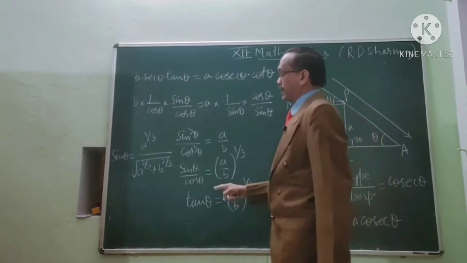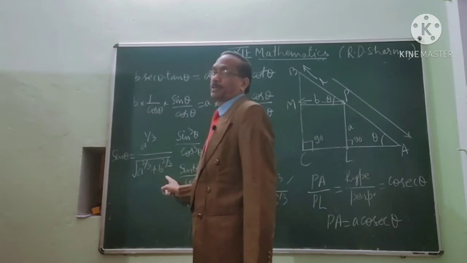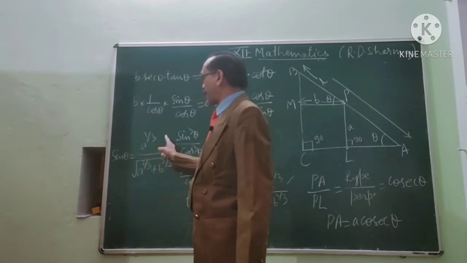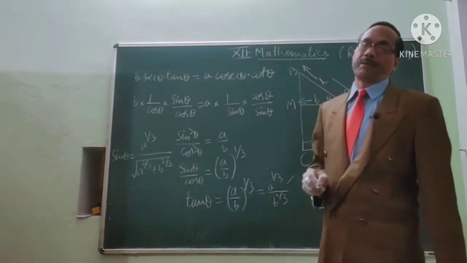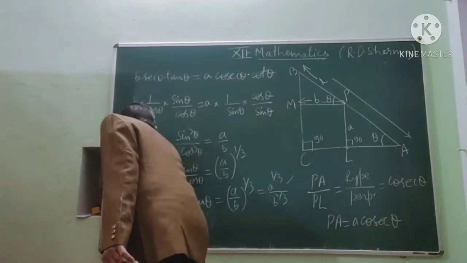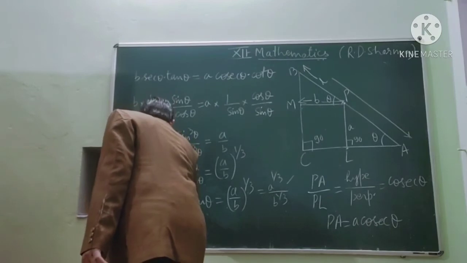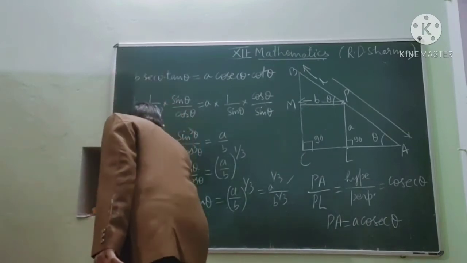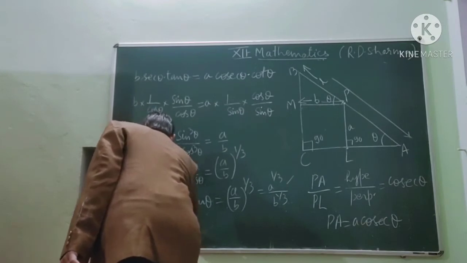So the hypotenuse becomes root of (a^(2/3) + b^(2/3)). So sin theta is a^(1/3) upon root of (a^(2/3) + b^(2/3)). Similarly, cos theta is b^(1/3) divided by root of (a^(2/3) + b^(2/3)).